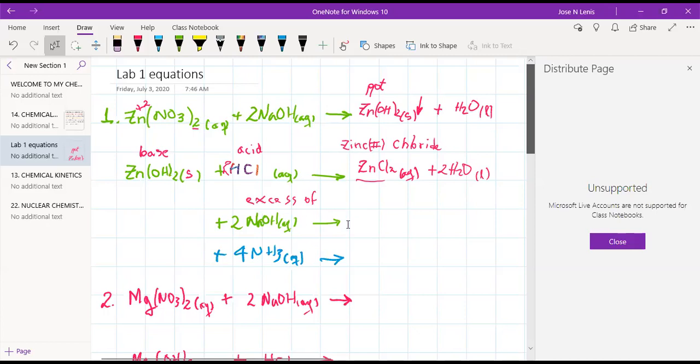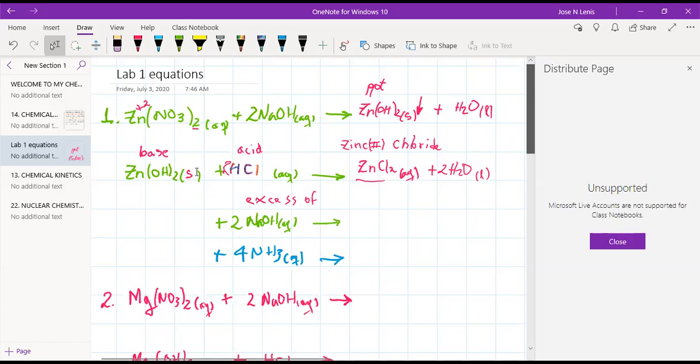So we added one more drop, it forms more precipitate there, yes. Then we add another drop of sodium hydroxide to this solid, and yes, we get more solid, more precipitate.